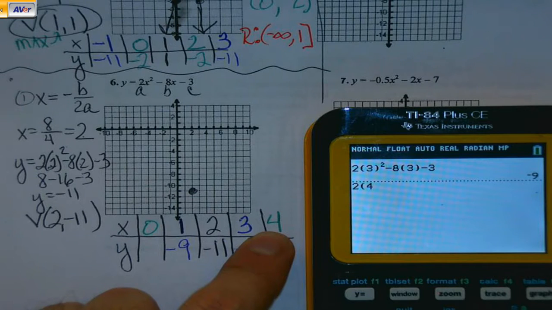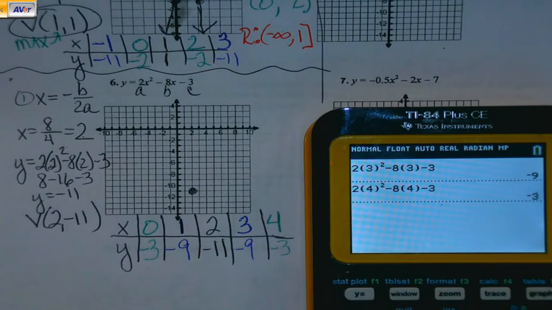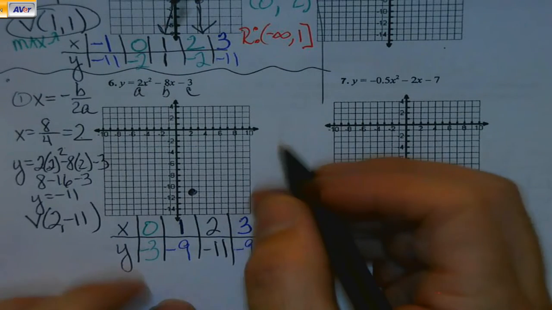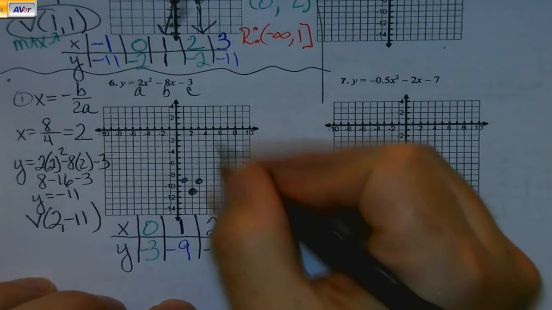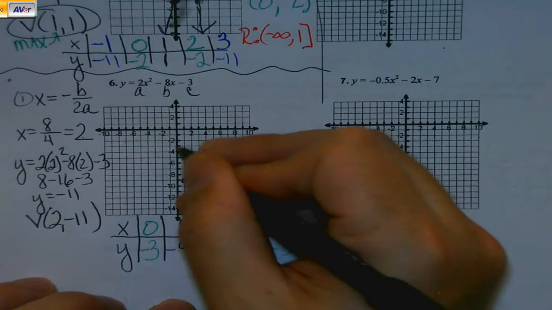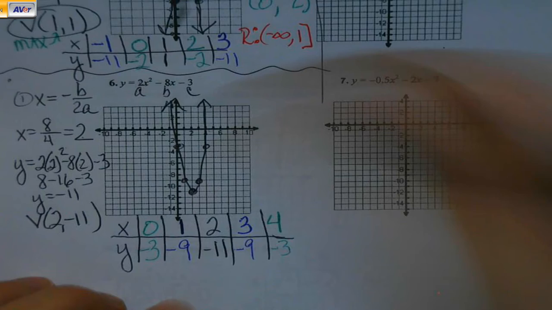Now, to me, 0 makes the most sense because I could probably do that in my head, but I already just jumped in here. And get those values plugged in. So once I have them, get those in there. We'll get our graph made.